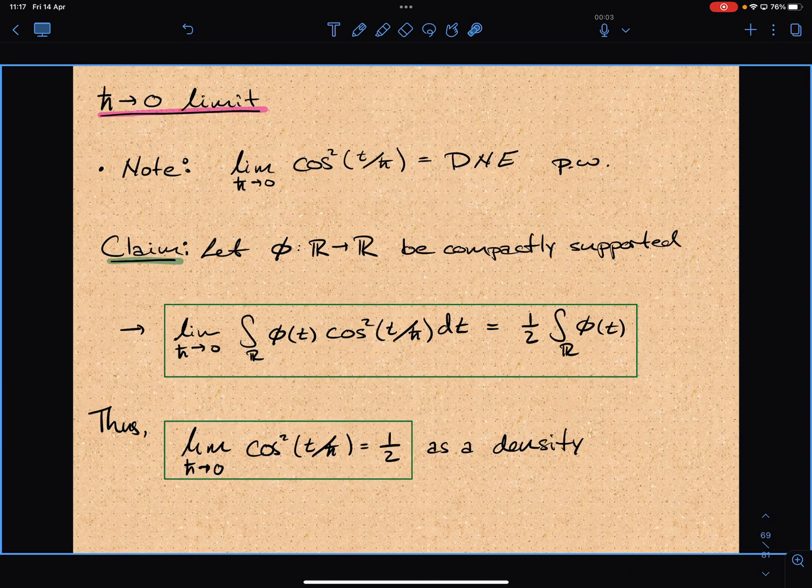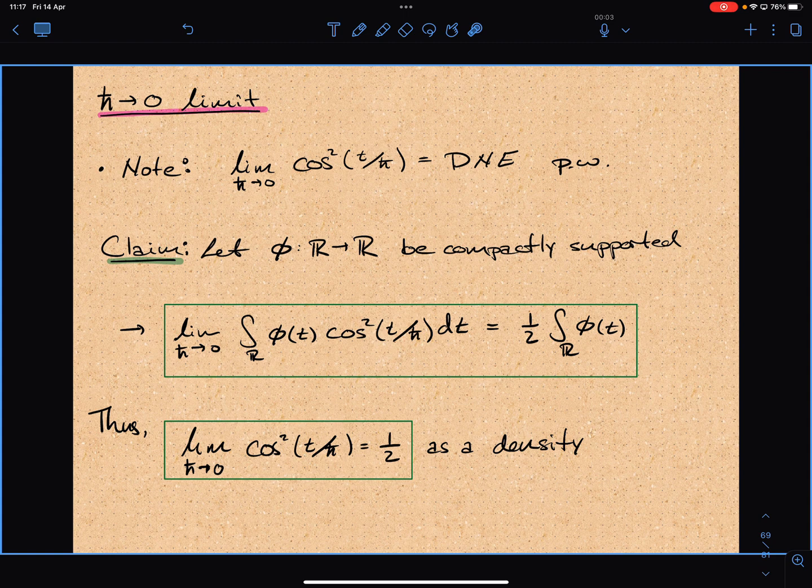So this remarks more explicitly. If we look at the limit as h bar goes to 0 of cosine squared, it's not going to exist pointwise, because it's going to keep oscillating between 0 and 1.